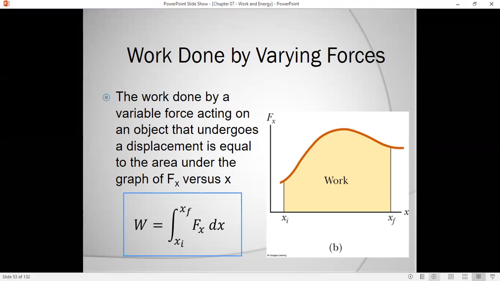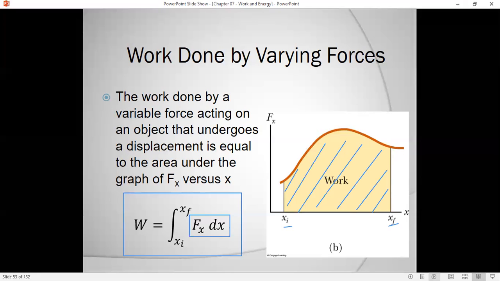When I take the integral of a function of some independent variable, in this case x, then I say the integral is equal to the area underneath the function, from the initial starting point to the final point, okay?